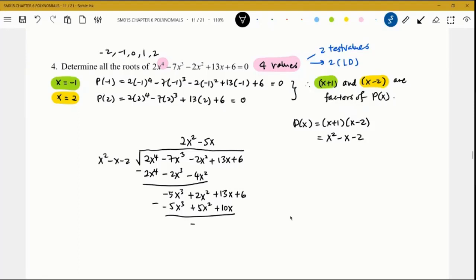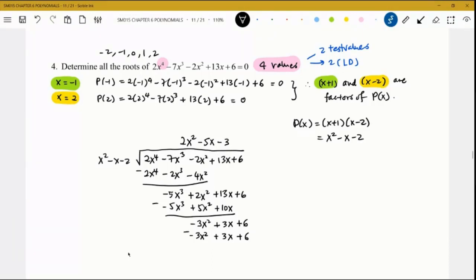So in that will be negative 3x square plus 3x plus 6. And then untuk hilangkan negative 3x square kita darab dengan apa? Negative 3. Okay, so minus 3, so negative 3x square plus 3x plus 6.